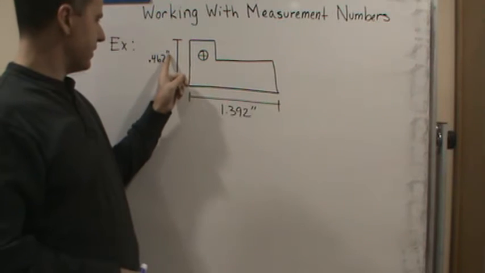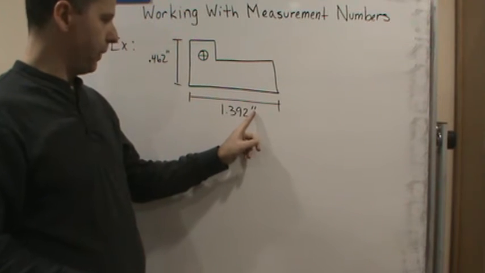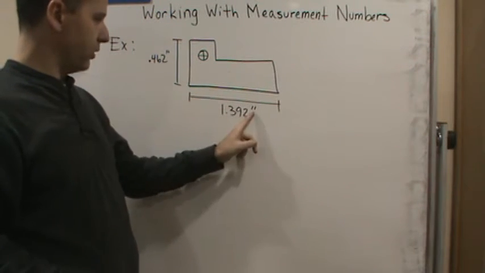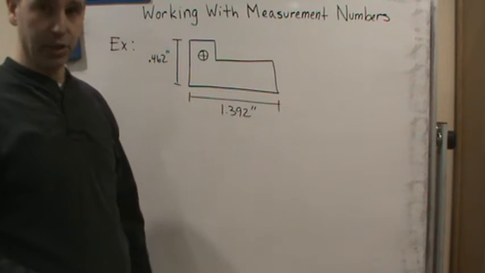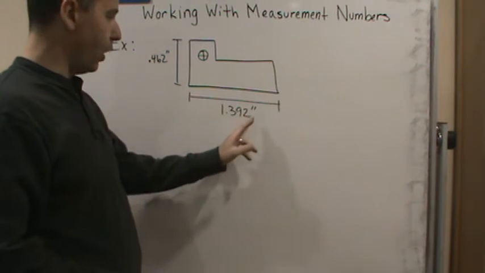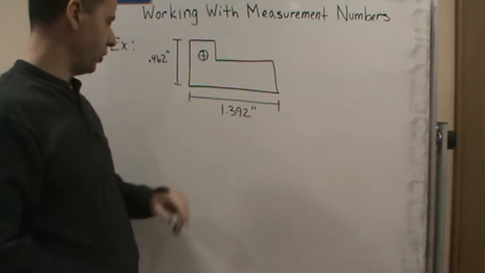Now this symbol here with the two tick marks means inches. If there's only one tick mark, then that's feet, just so you know.